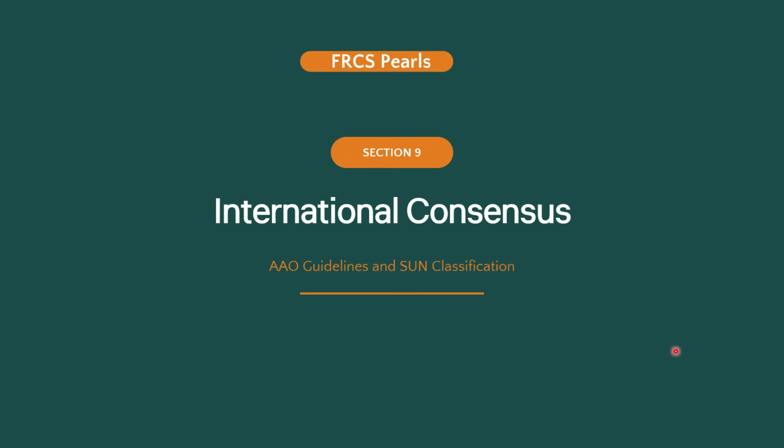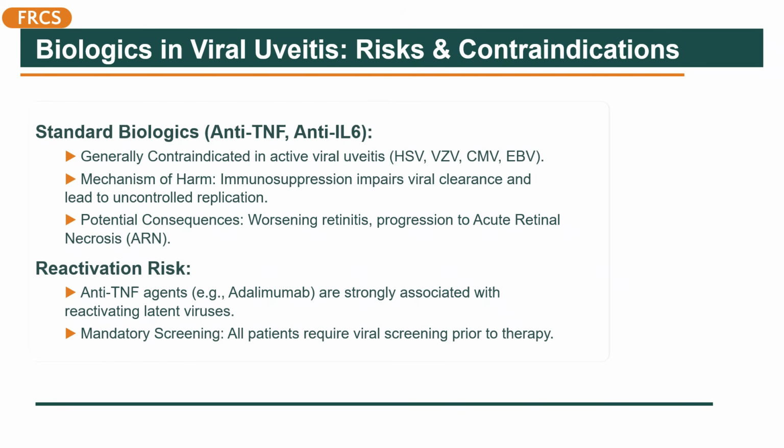Now, as far as our discussion of the medication for viral uveitis, I will discuss special information which is very important for those who are willing to appear in the FRCS. You should keep it in your mind. Number one, the biologic treatment, which is a new trend nowadays in the management of uveitis, is mainly meant for non-infectious uveitis.